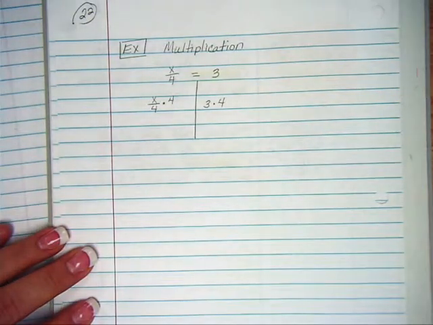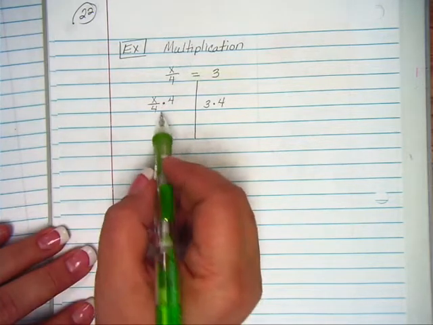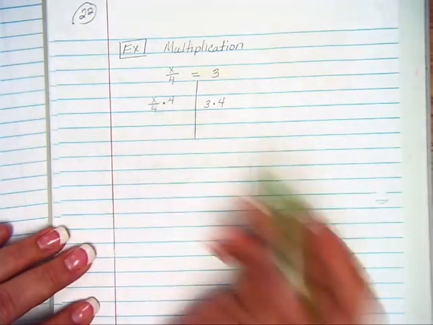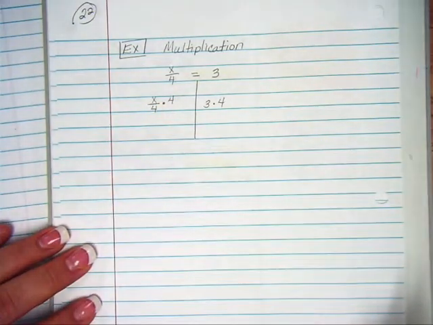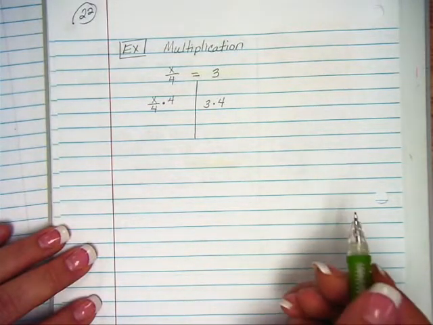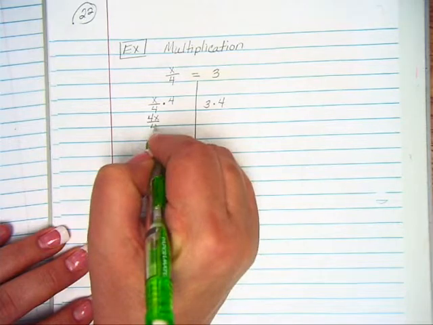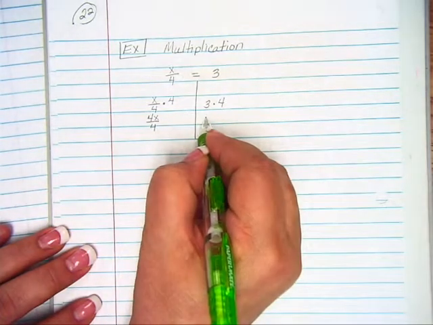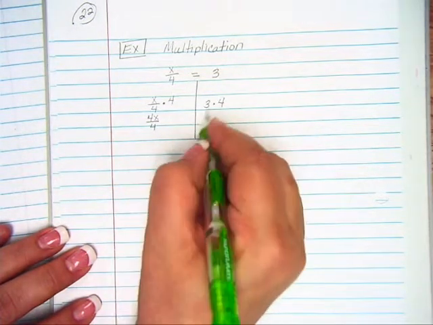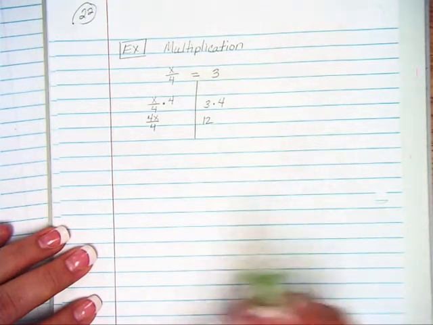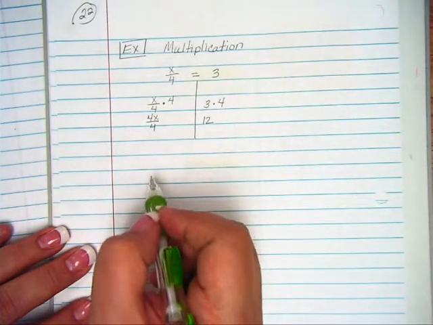You've got to do it to both sides. Now, what would this look like if I multiplied it out? It would be 4x over 4 equals 12.